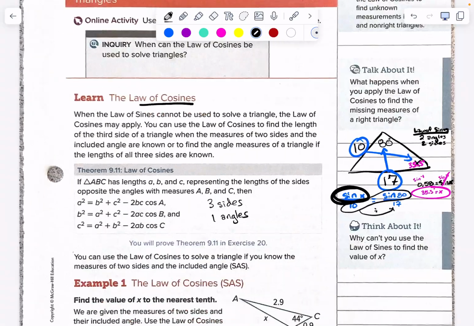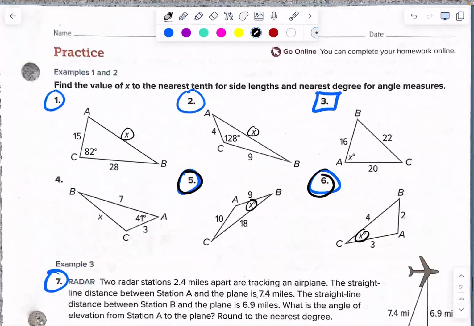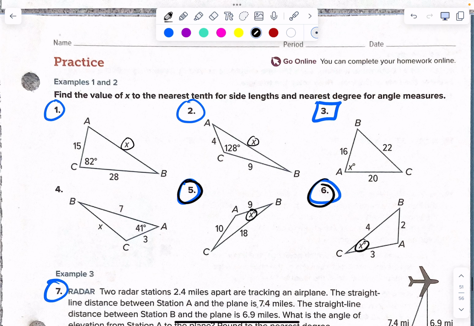You guys didn't have your stuff. Is this the end of the chapter? Homework is 1, 2, 3, 5, 6, 7. No, we're going to do number 3 together. So 1, 2, 5, 6, 7.